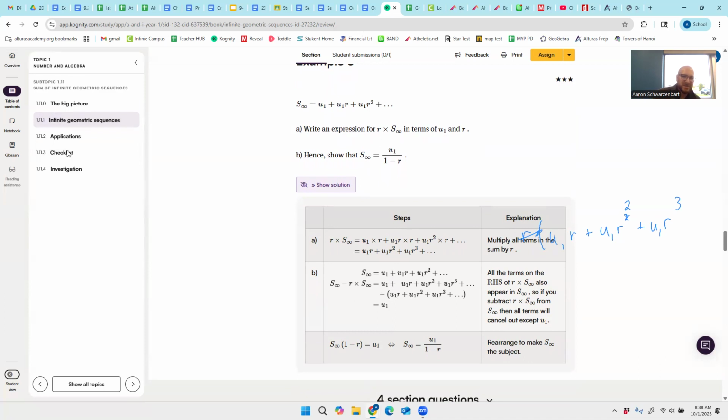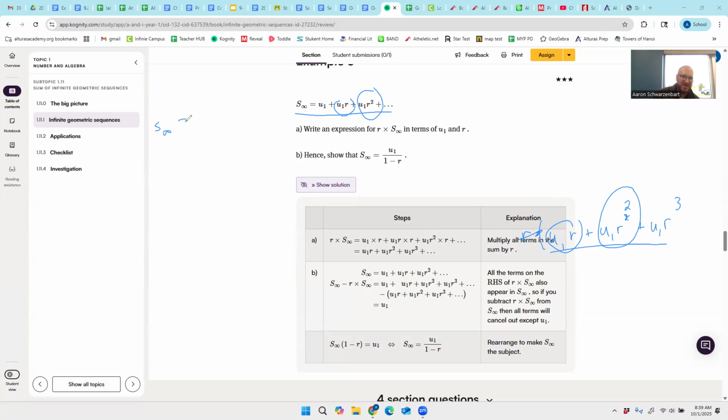So I subtracted S infinity, which is this, from r times this, and this term is the first one there. So this is like a way you can find the first term if you don't know it. Well, not really, because you need the first term. So this is a proof for the formula, is what it's doing.